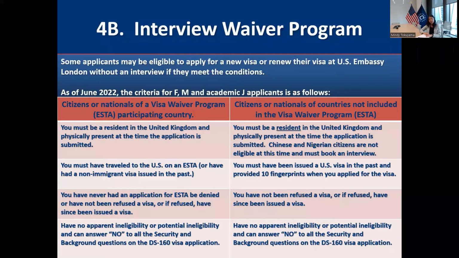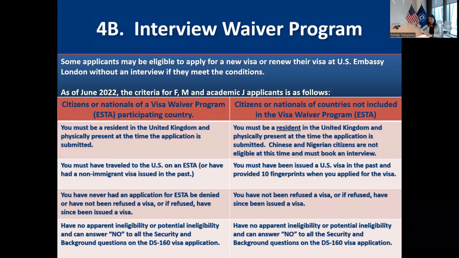So the first criteria is you must be a resident of the UK and physically present here at the time your application is submitted. Number two is you must have had travel to the US either on ESTA or on a previous visa. It does not have to be the same visa that you're applying for. If you have a tourist visa, that's fine.